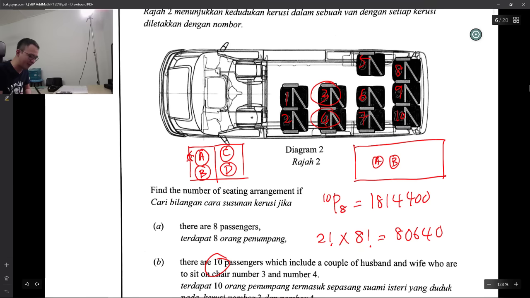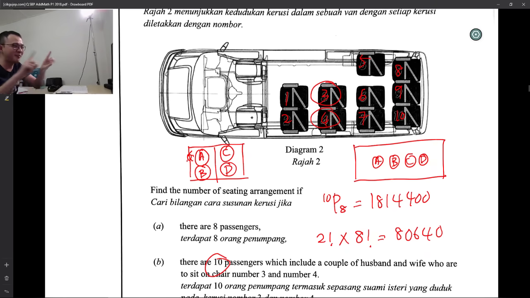You have persons A, B, C, D. If person A and person B swap place, does the photo still look the same? If they swap place and you realize there's a new photo, then the arrangement is important. Then you have to use permutation.